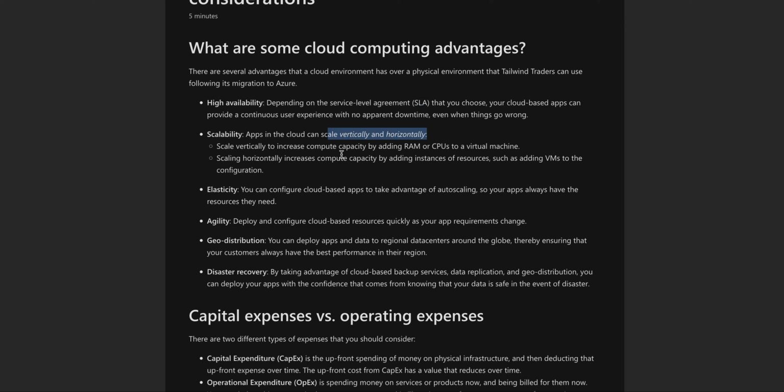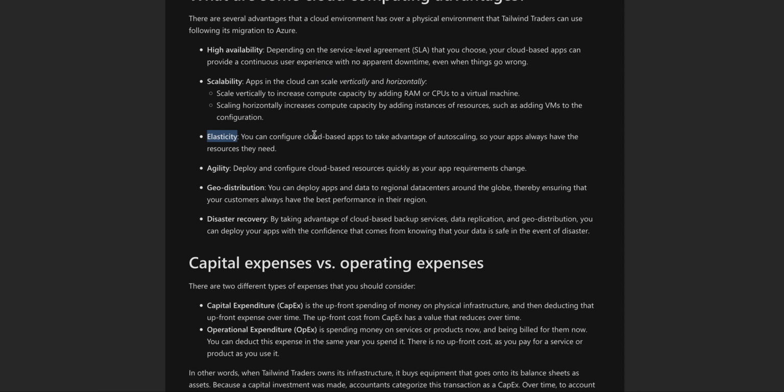Scale vertically to increase compute capacity by adding RAM or CPUs, or horizontally by adding more instances, adding more VMs. Elasticity: you can configure cloud-based apps to take advantage of auto scaling, so your apps always have the resources they need.